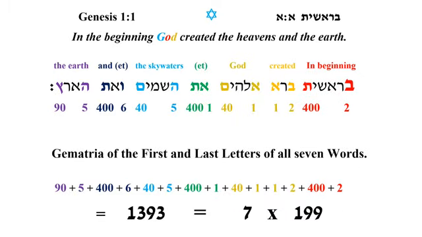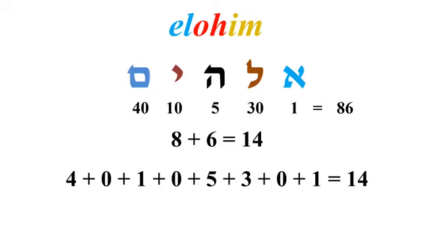If you take the first and last letters of all 7 words, it adds up to 1,393, which is 7 times 199. We could go on and on and on of all the sevens. In God's name alone, remember I just got done telling you, the gematria of Elohim is 86 for his title. Not his name, his title.